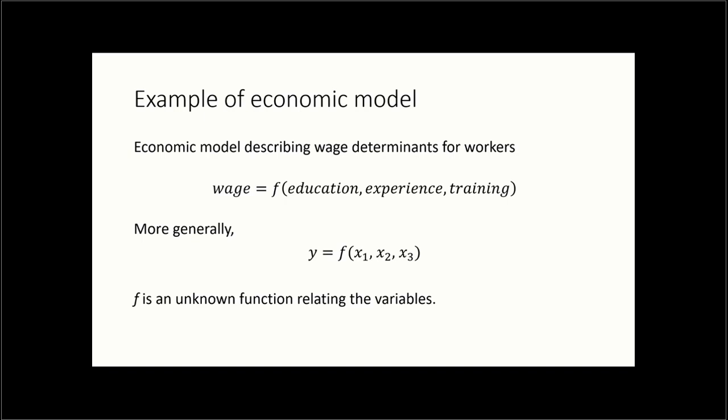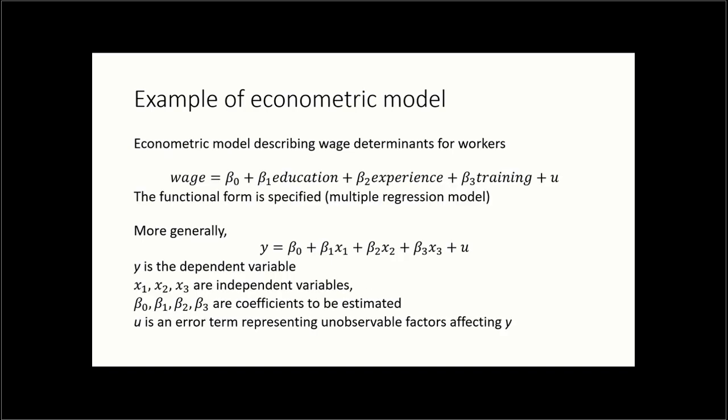And f, as of now, is this unknown function that relates these variables to the dependent variable wage. Or more generally, we can use y equals f of x1, x2, and x3. So y is again the dependent variable, the one that we're trying to explain, and x1, x2, and x3 are the independent variables that are explaining the dependent variable.